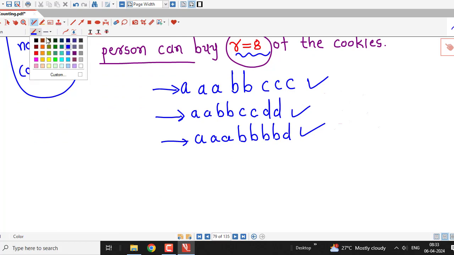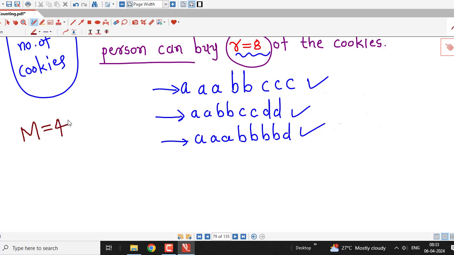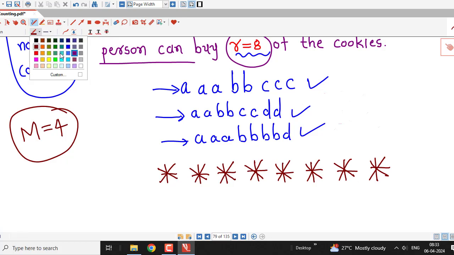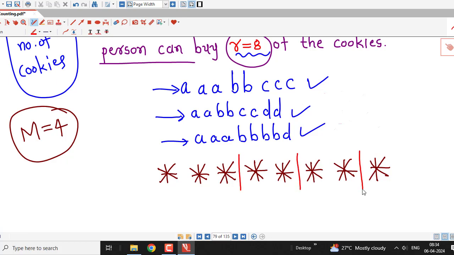So here we can observe that suppose here I am having 4 types of cookies. There are 4 types of cookies, and suppose I consider star for 8 cookies. Suppose 8 cookies are denoted by stars: 1 2 3 4 5 6, 7 and 8, and I am using these 3 bars 1, 2 and 3.